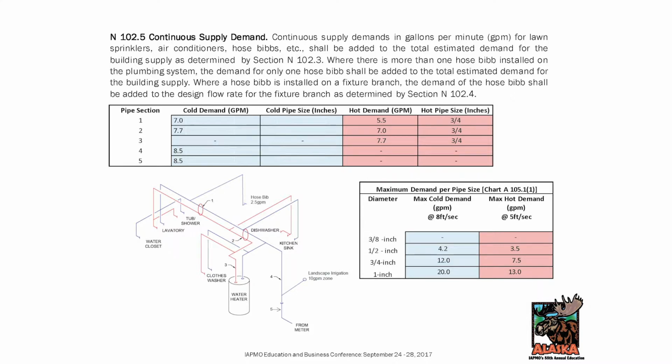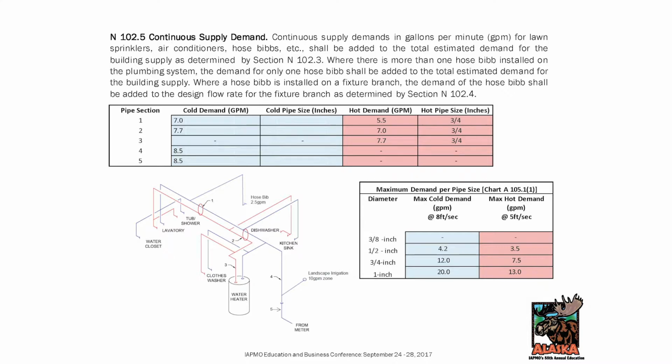It increases the demand to 10.2 gallons per minute. Pipe size is 3/4 inch. Pipe section 4 would be the same thing, the hose bib. You have to add the hose bib all along that branch. And the pipe size would be 3/4.